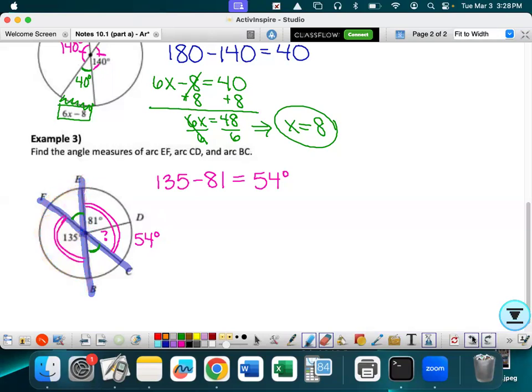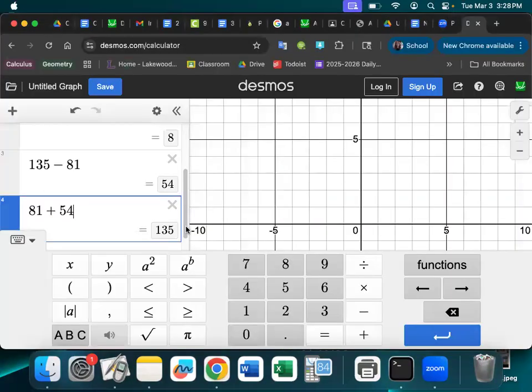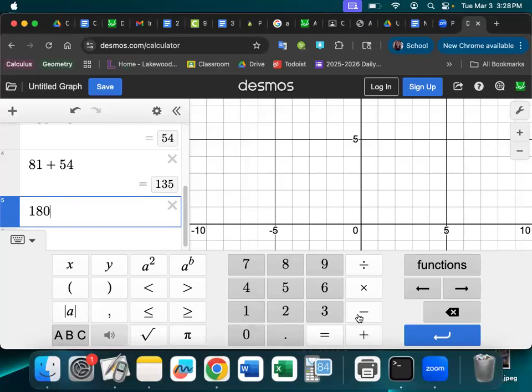So if I have 180 and then I take away the 135, I'll be left with my arc up top. So 180 minus 135, I get 45.